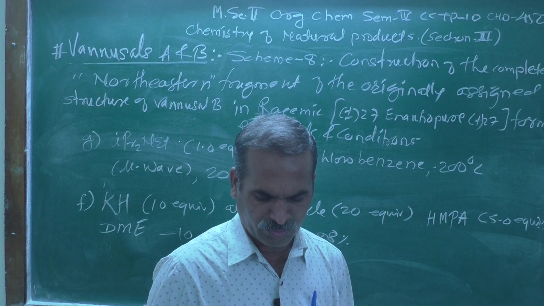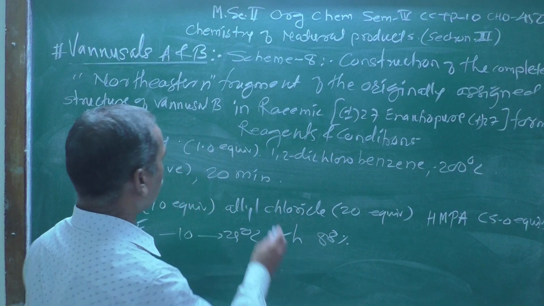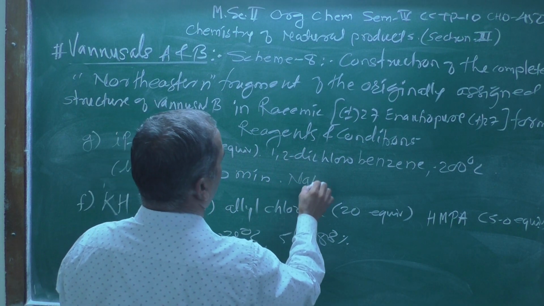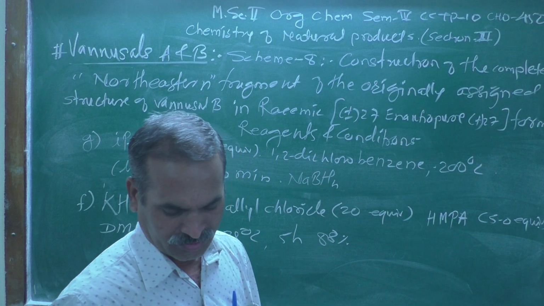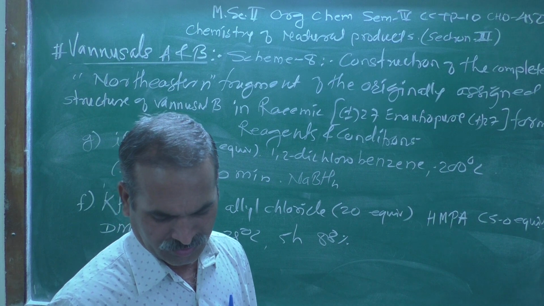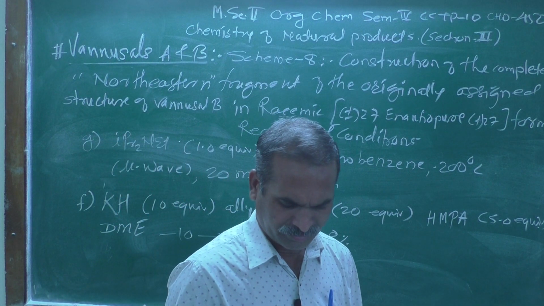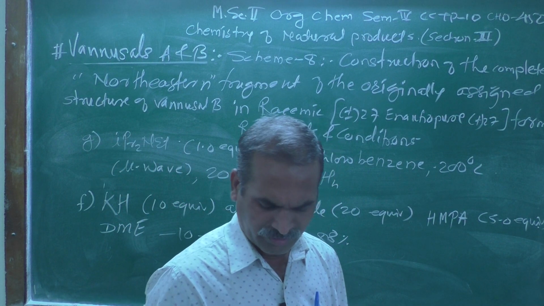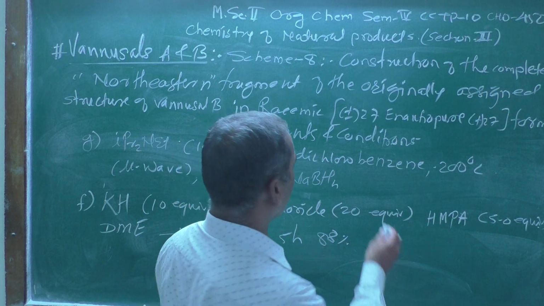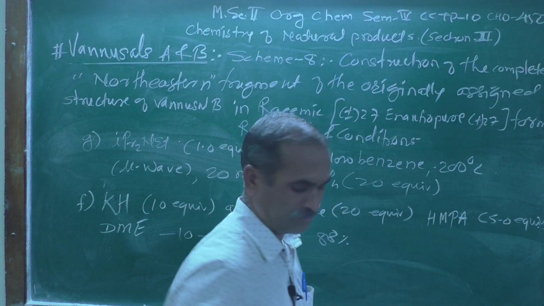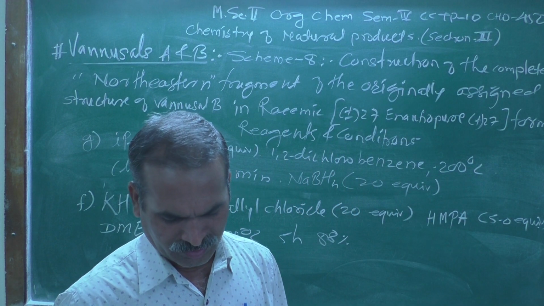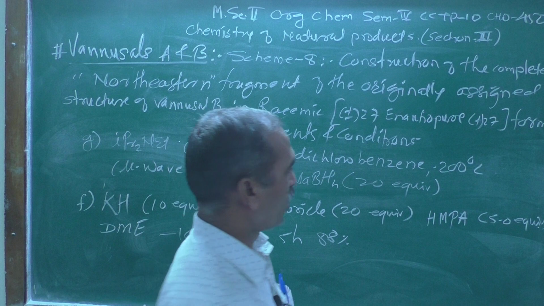And then sodium borohydride, NaBH4, which is a reducing reagent, 20 equivalent in methanol.